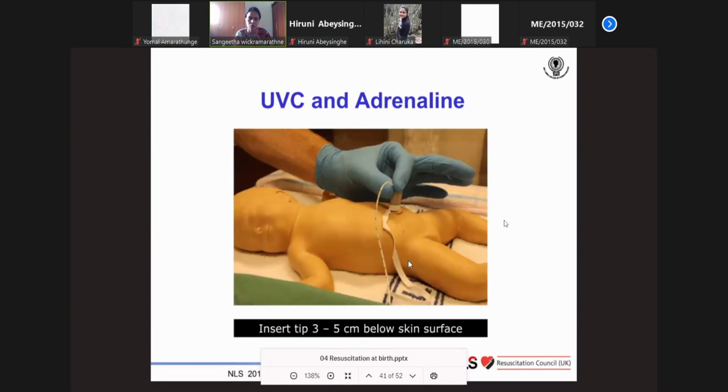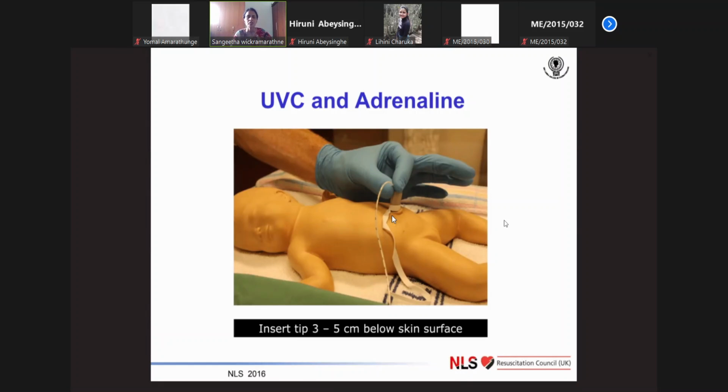Right, so now when you give inflation rates, ventilation rates, effective chest compression, if the heart rate is still low, that means the latter part of terminal apnea, you might need drugs. Then you have to put a UVC, right? For the UVC, you don't have to measure and wait until 6 centimeters if you can insert. If the blood is coming through the UVC, you can give the adrenaline via that.